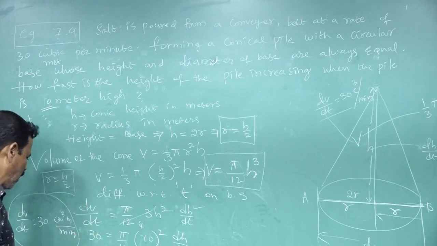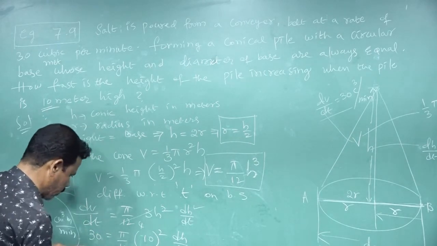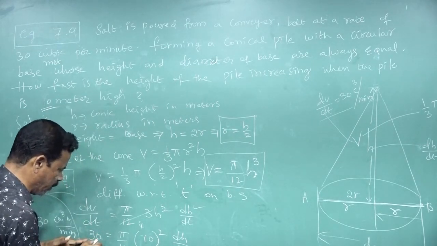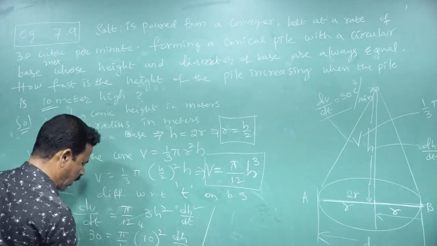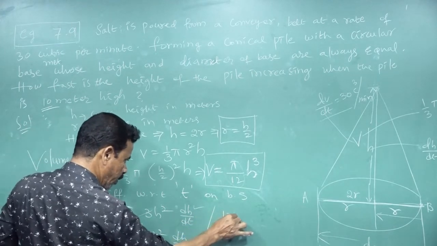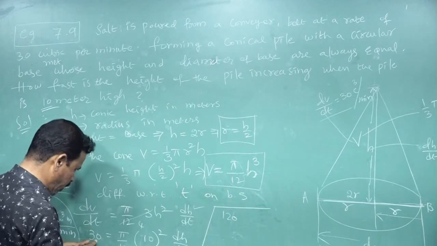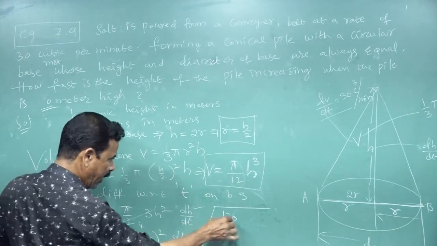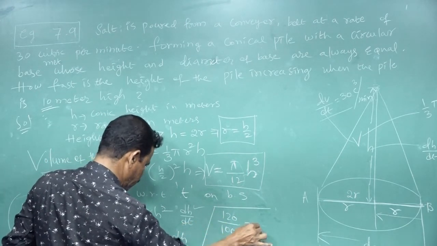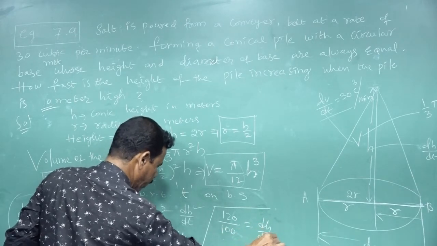We substitute the values only here. Next, 4 into 30 is 120. After this calculation, 120 by 100 is equal to dh by dt.